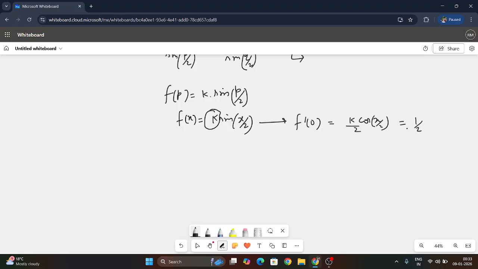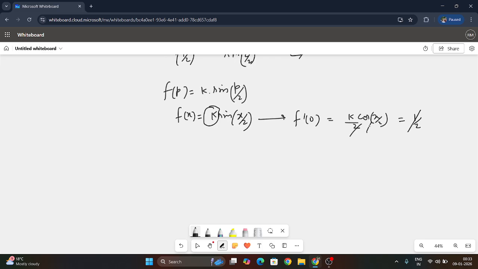The 1 by 2 cancels, and cos 0 is 1. So k is equal to 1.